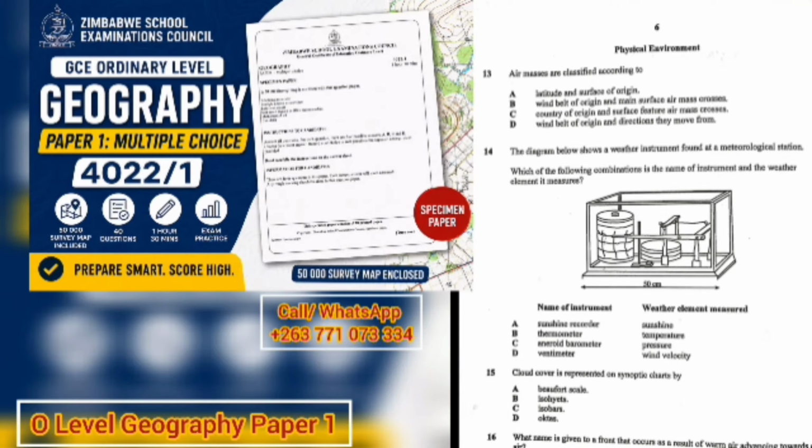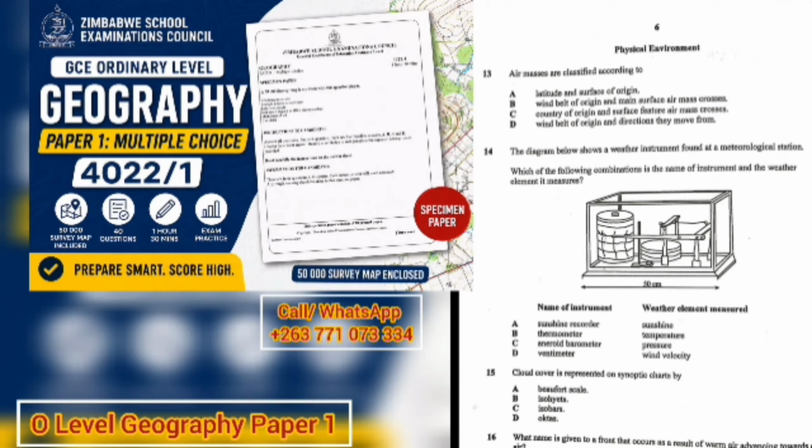So now, number 13 says, air masses are classified according to: A says latitude and surface of origin. So that's true. Our answer is A. Latitude tells you where the area is located, for example when we say the area is located 0 to 25 degrees.